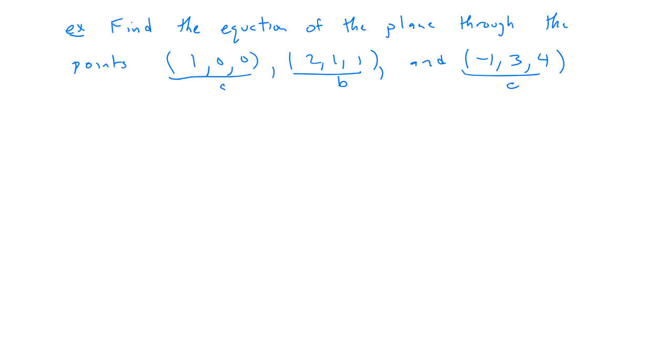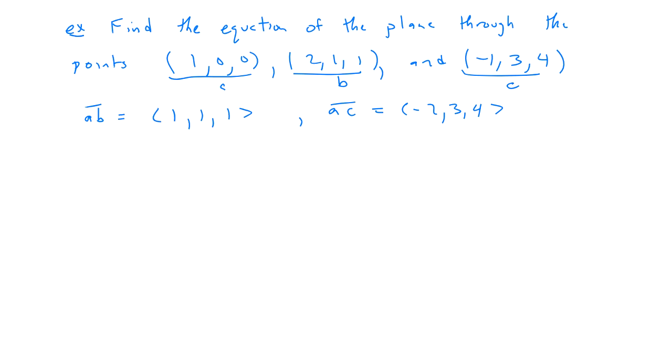For example, the vector from A to B would be 1, 1, 1. I could also get another vector from A to C. It doesn't matter which ones I use, I could just as easily do A and B and then B and C. I just need to get 2 vectors that are parallel.